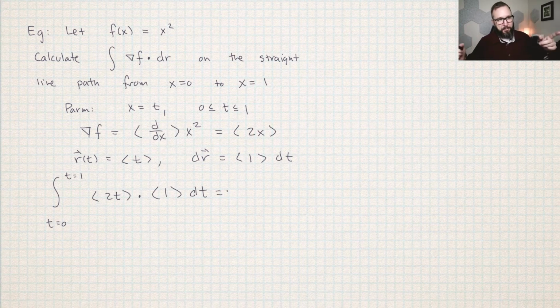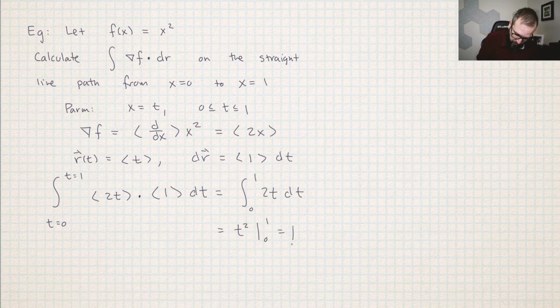And the way that you do dot products is you multiply the coordinates and you add them all. There's only one coordinate. So here I get the integral from 0 to 1 of 2t dt. And so now I am literally using the fundamental theorem of calculus: t squared evaluated from 0 to 1, and you get 1. Okay, so this is the most complicated way ever to work out this integral, 2x dx.